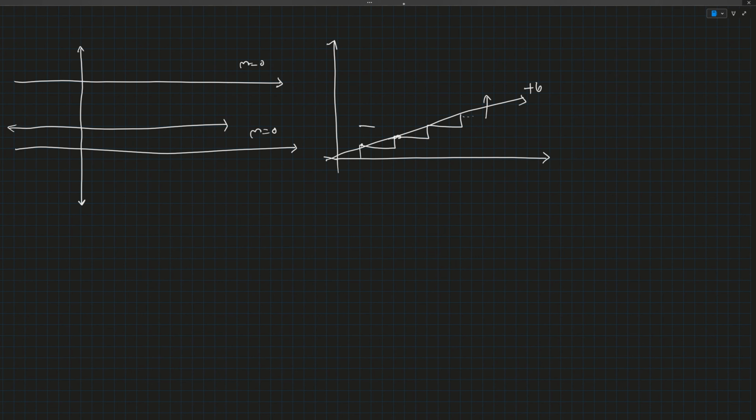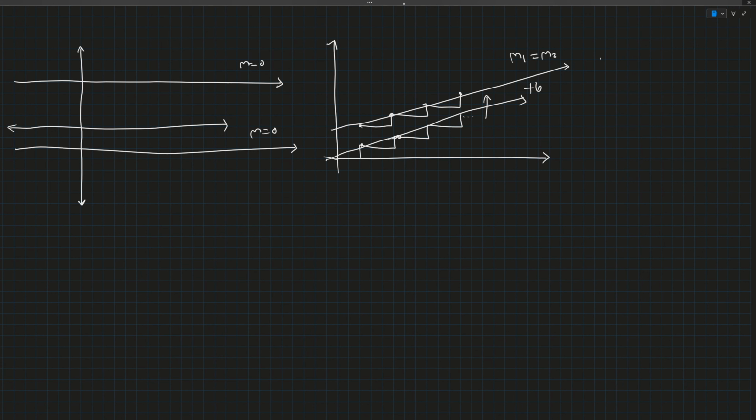So it's going to run 3, rise 1, run 3, rise 1, run 3, rise 1. And of course, what you could do here is now connect the lines, and now we have a line that connects it. And these lines are called parallel lines because they have some constant slope m. And as you can see, the slope of m1 is equal to the slope of m2.